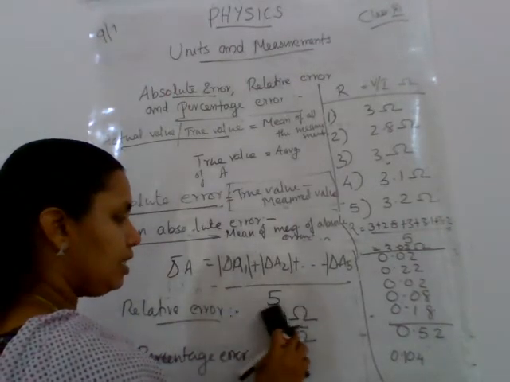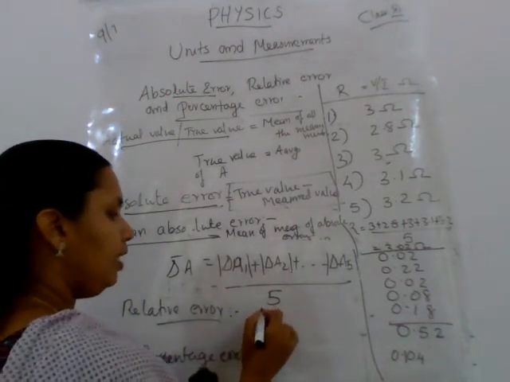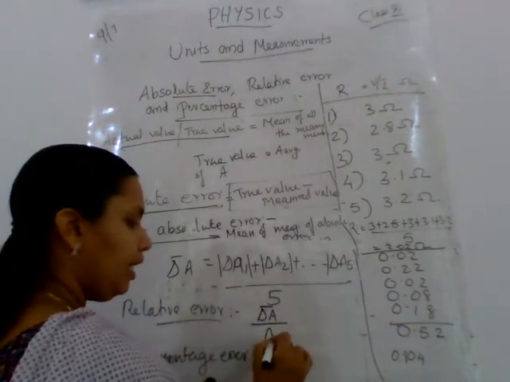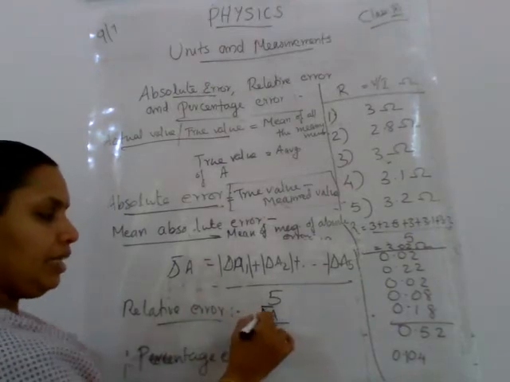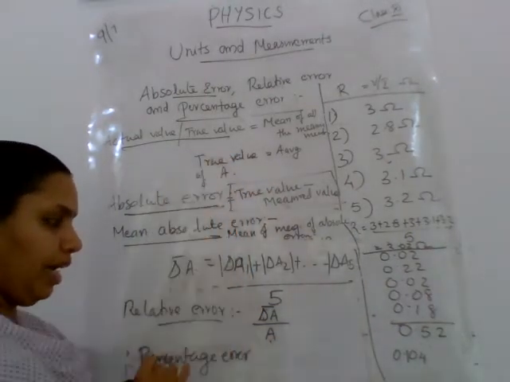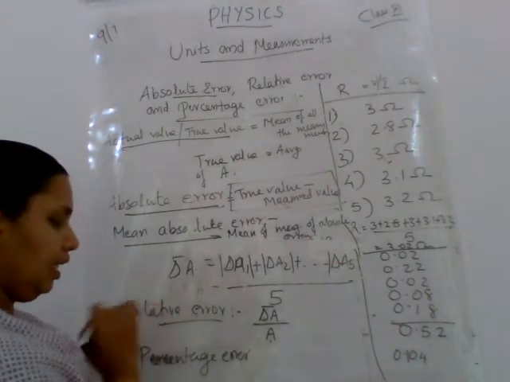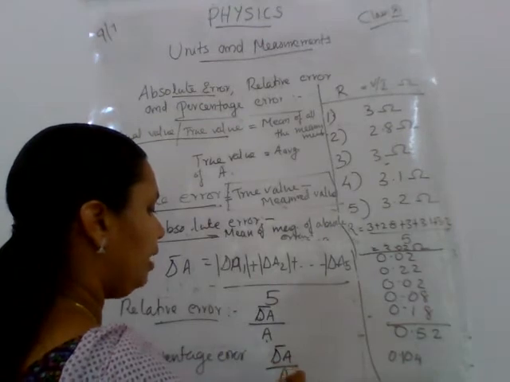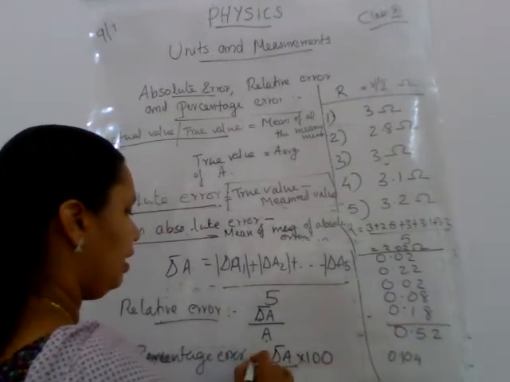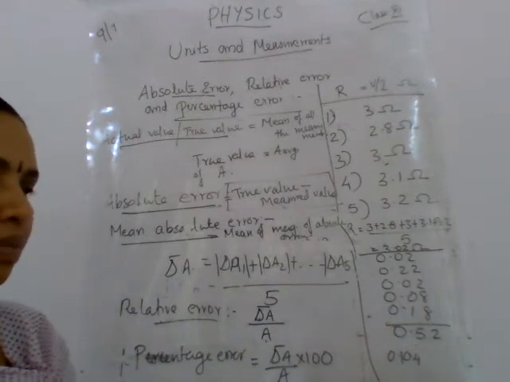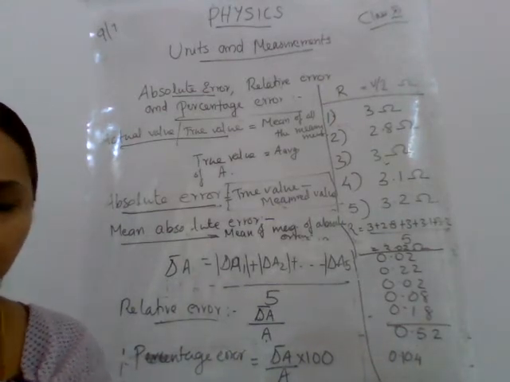So we can write the equation: delta A bar divided by A, where delta A bar is the mean absolute error and A is the true value. That is the relative error. And delta A bar divided by A into 100 is the percentage error.